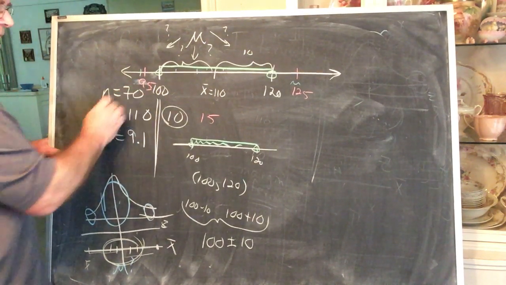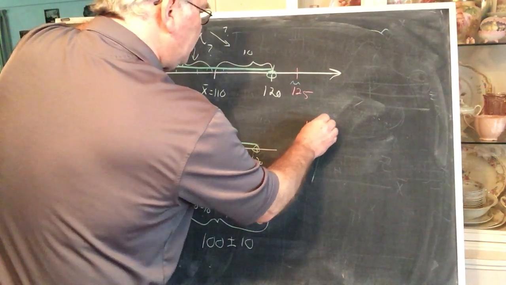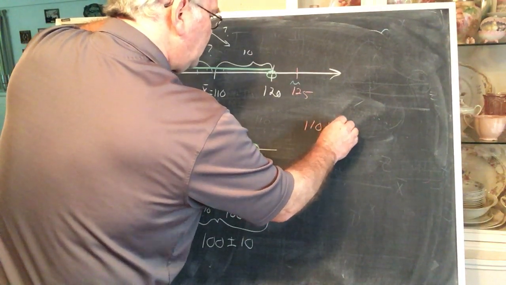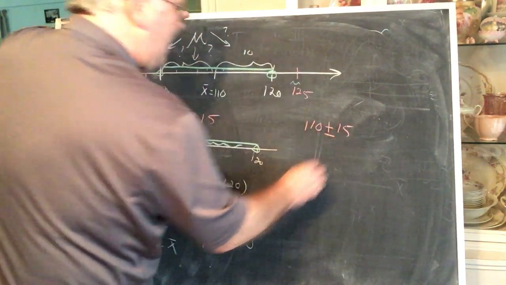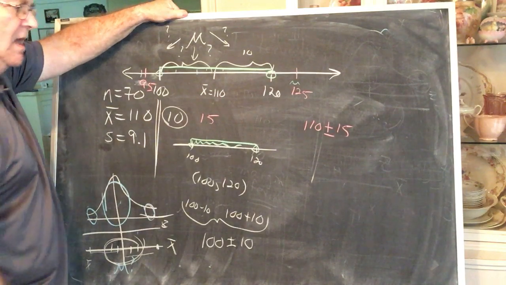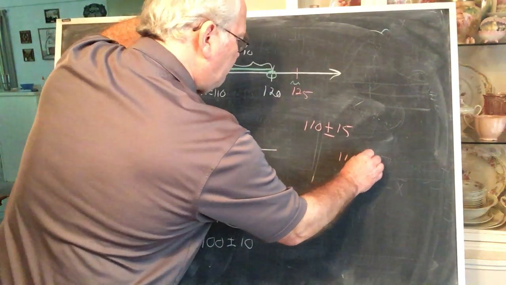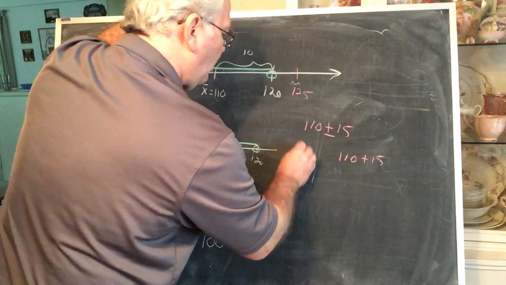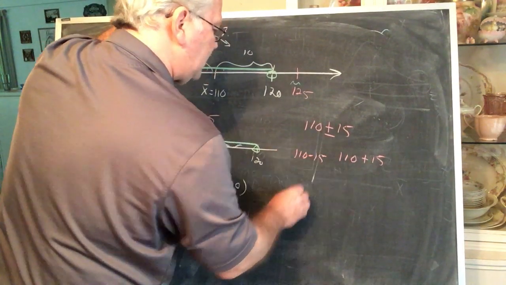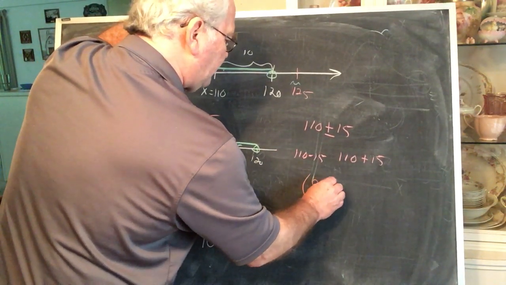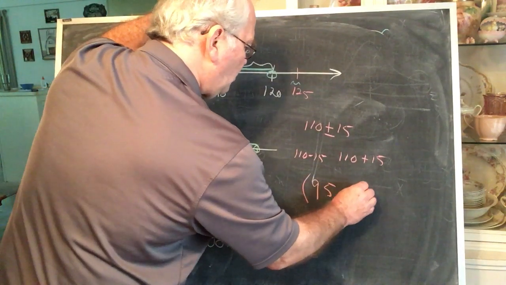Where did that come from? That came from 110 either plus 15 or minus 15. If you take 110 plus 15 or 110 minus 15, that would give you the interval from 95 to 125.